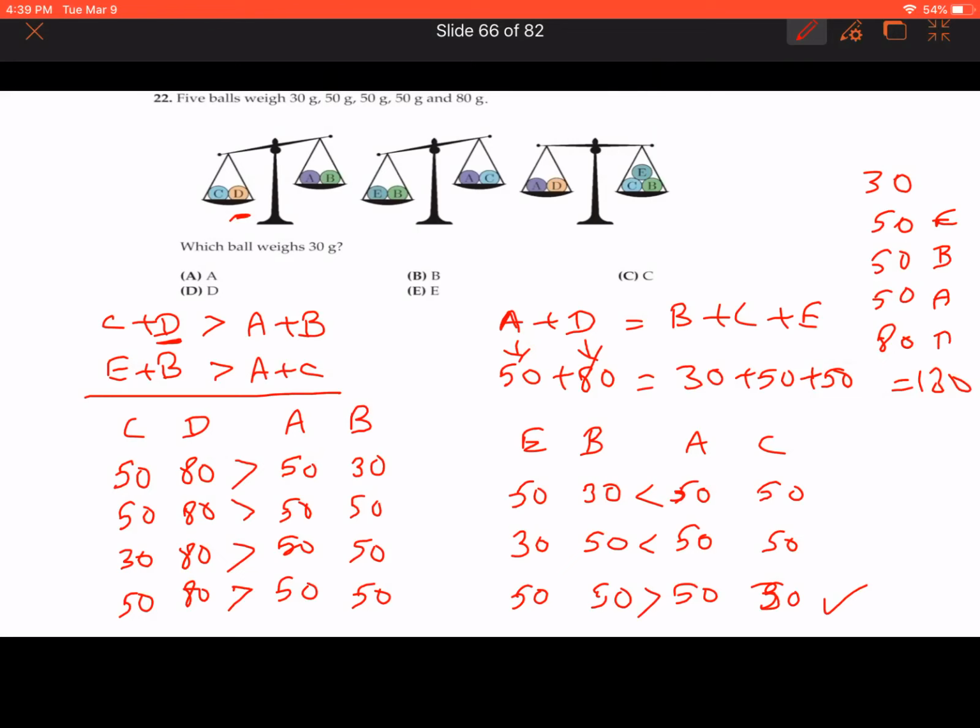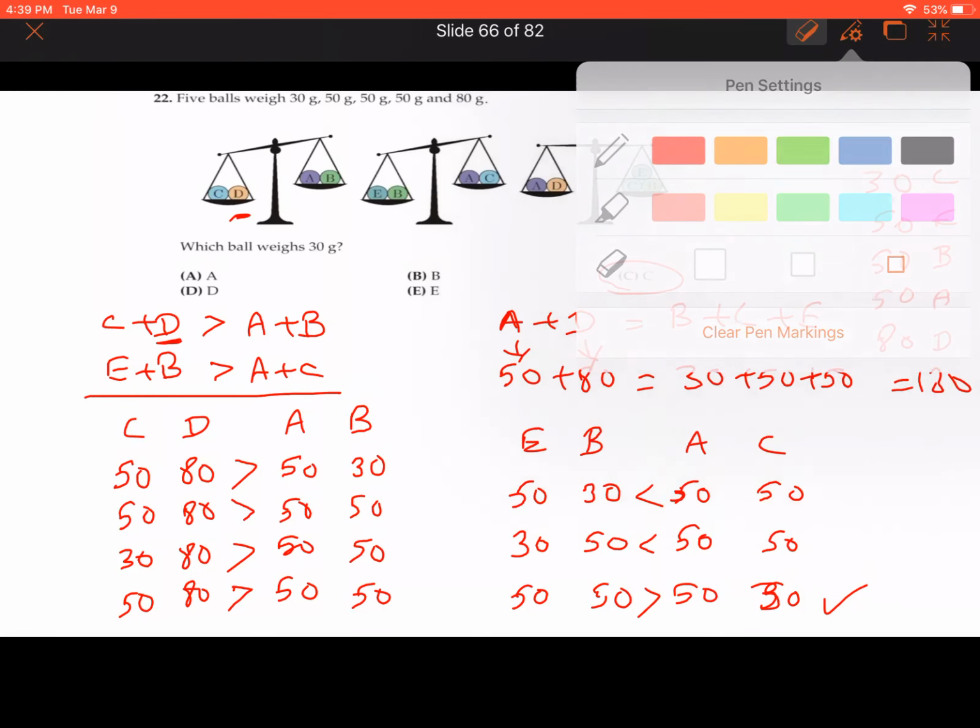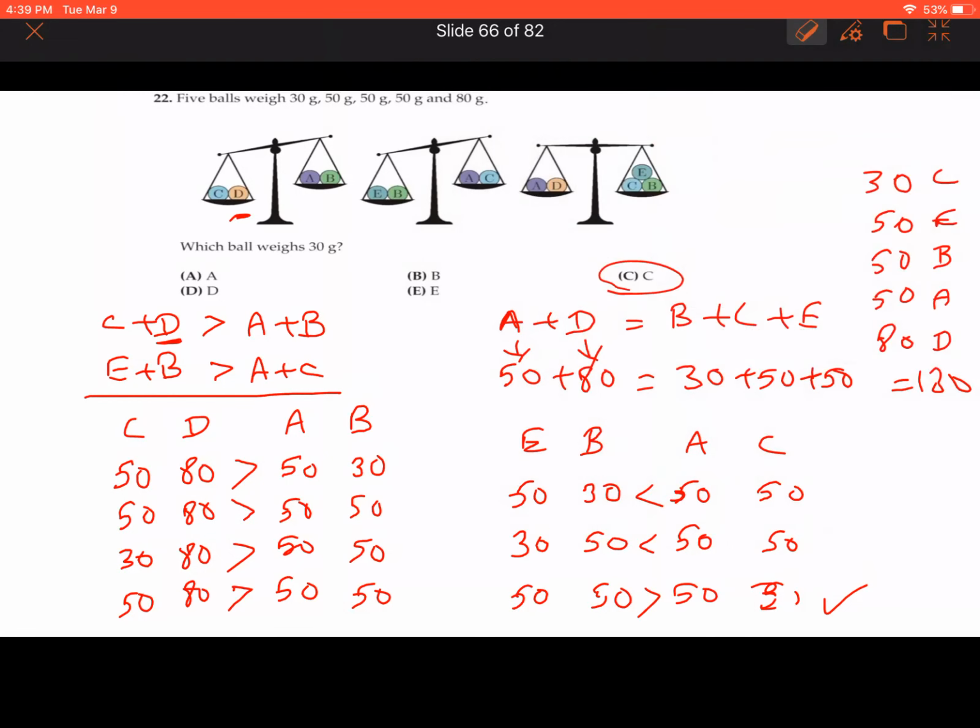Already we have fixed D as 80, and so C is going to take up the value of 30. And so which ball weighs 30 gram? C is the option. Okay, so this is the way we get the equation using the pan balance approach.